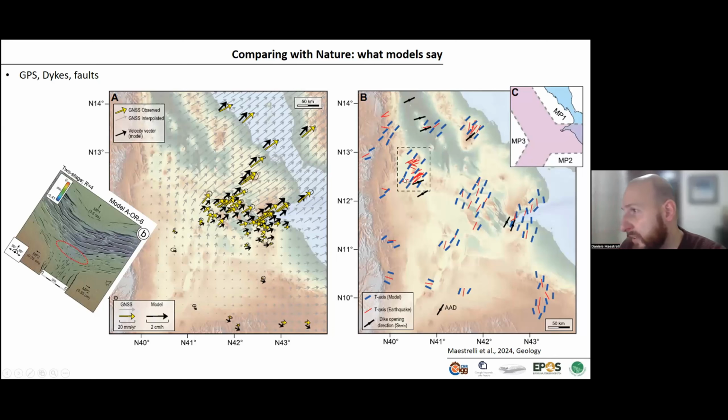I should mention that in the rectangle that you see, pointed at this moment, is where we have recent diking intrusion. So there, the axes are a little bit further. If you look at dikes located in a southward position, that means that even if you are far from the triple junction, you somehow have the interplay of the stress fields acting contemporaneously at the triple junction.